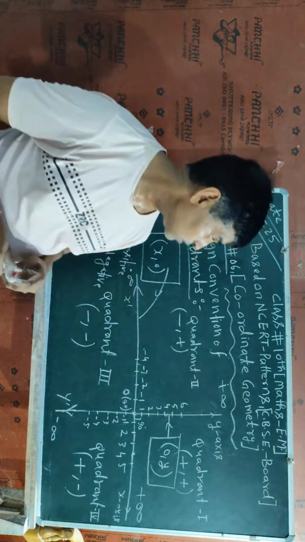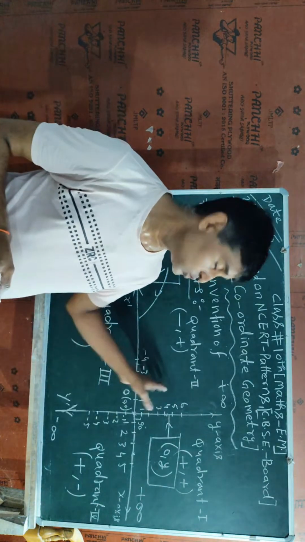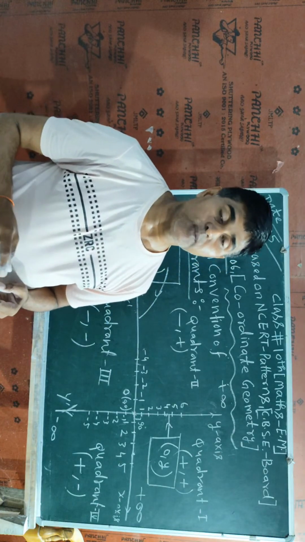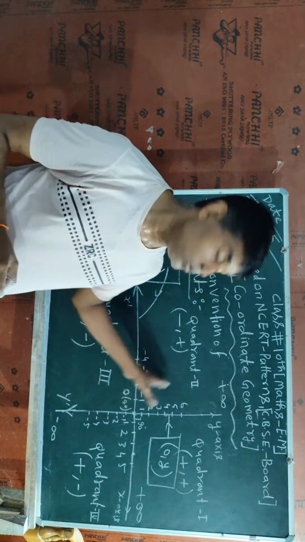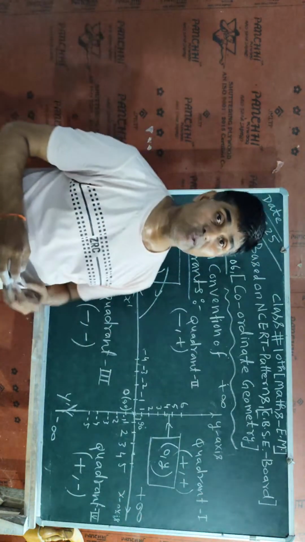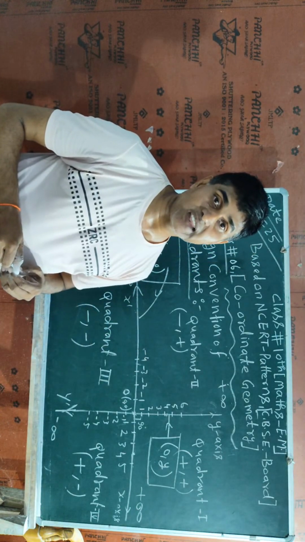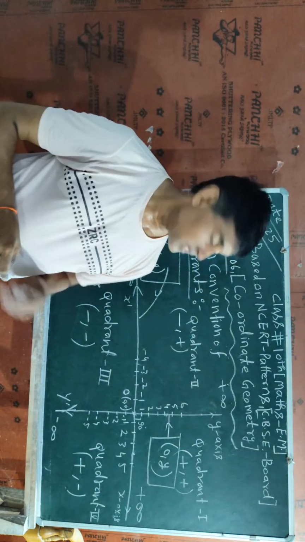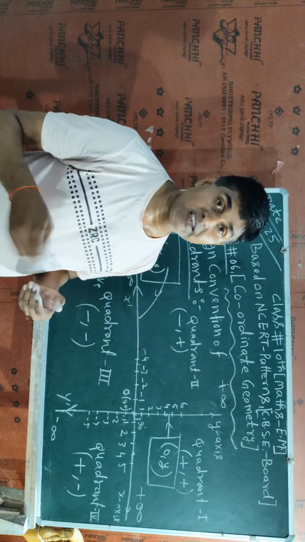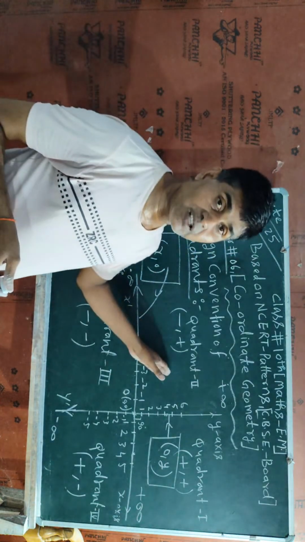Coordinate geometry is very important in mathematics, because without coordinate geometry I cannot solve any problem related to trigonometry and also calculus. When I am reading about integration or differentiation, integration means the increment in the variable, and differentiation is the slope.